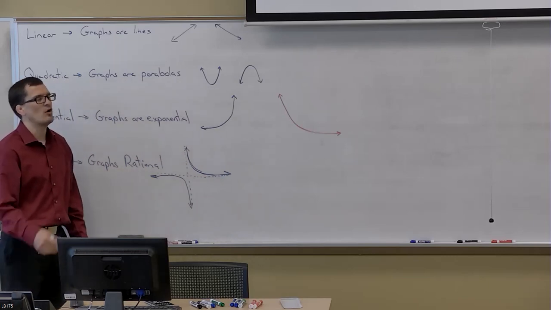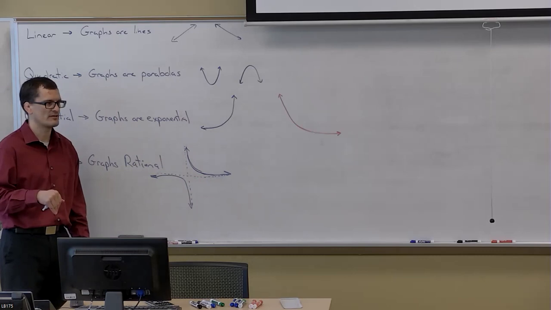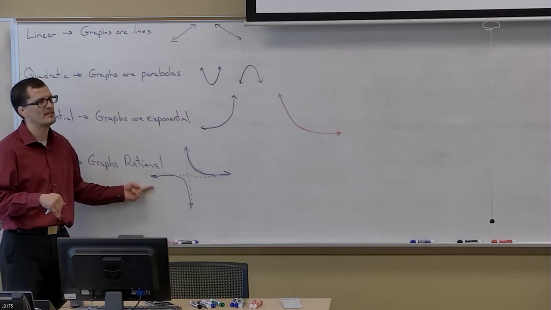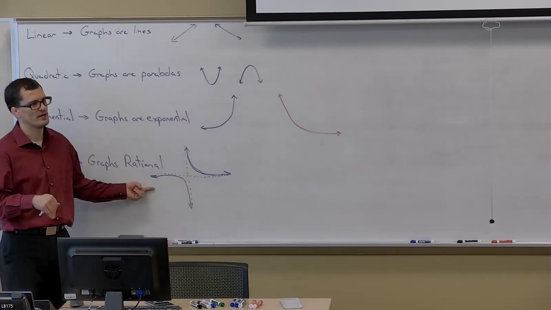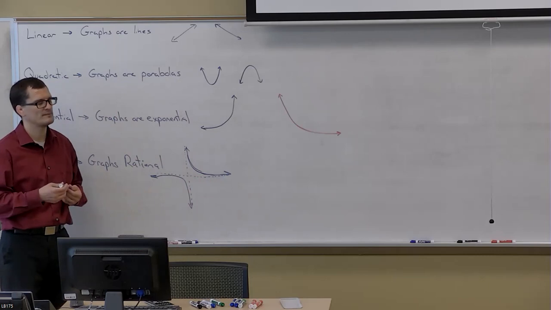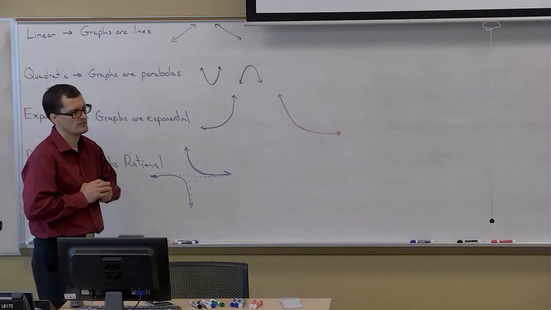Again, this is only for the ones we're talking about right now, which are linear over linear. Not all rational functions look like that. They're not linear divided by linear. Rational functions look roughly like that.